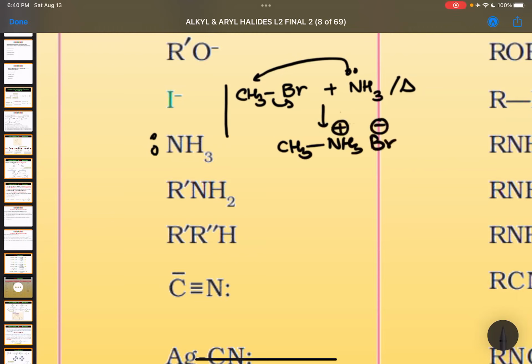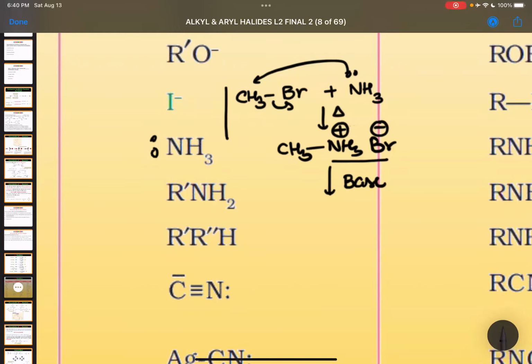It is because the N was neutral. Once it attacked, its lone pair got involved in the bond formation. Then why did I tell you to take the base? Because sometimes it is written, sometimes it is not written. It will remove HBr from here.